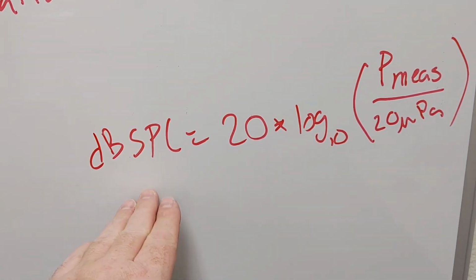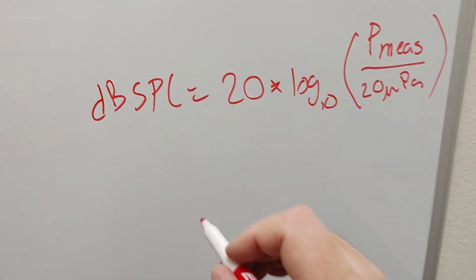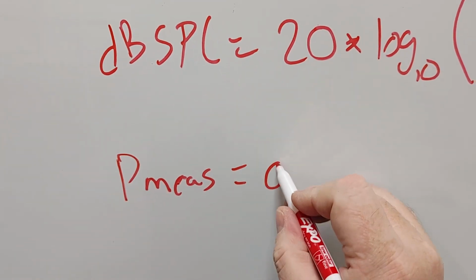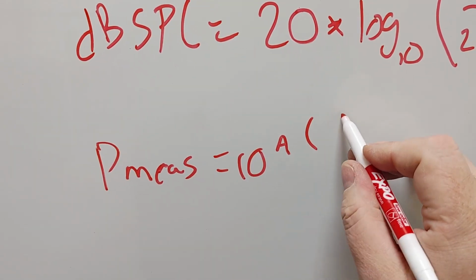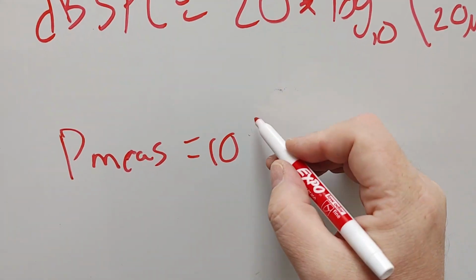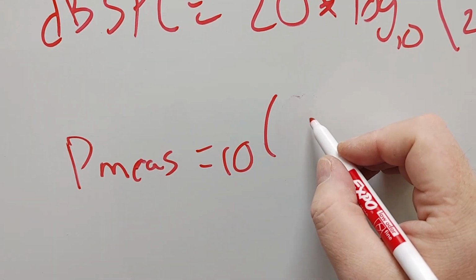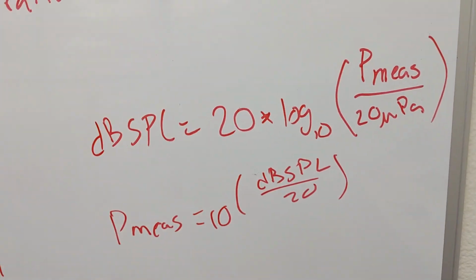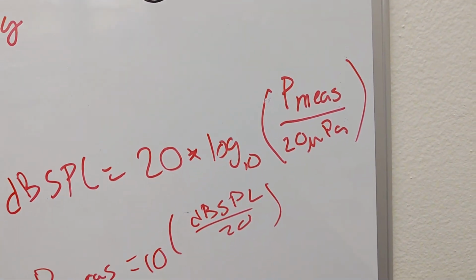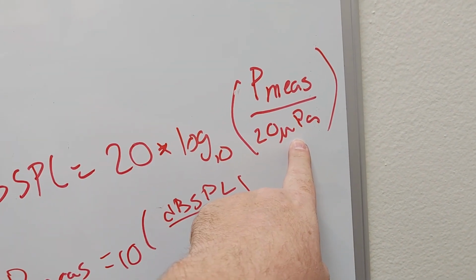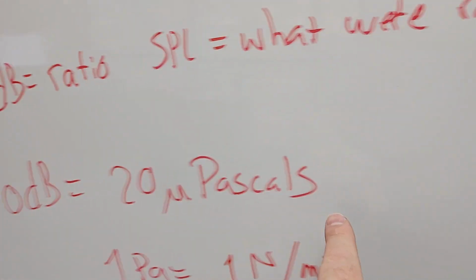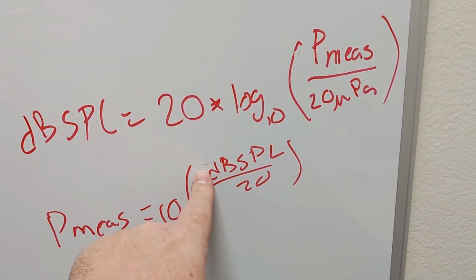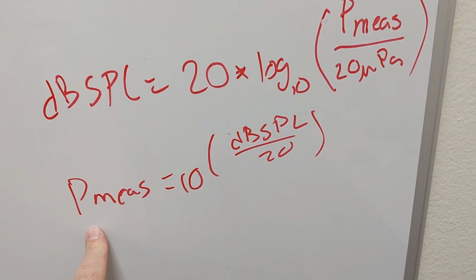Similarly, if I want to know the measured pressure from the dB SPL, I just do the inverse: P equals 10 to the power of dBSPL divided by 20, times the reference. If you tell me how strong a pressure is, I can ratio it to my reference of 20 micropascals and tell you how much SPL that is. Likewise, if you tell me how much SPL you have, I can tell you how much pressure you actually had in pascals.